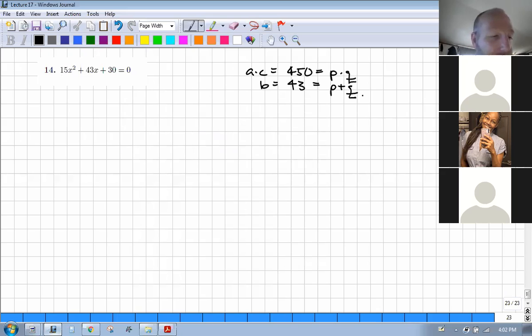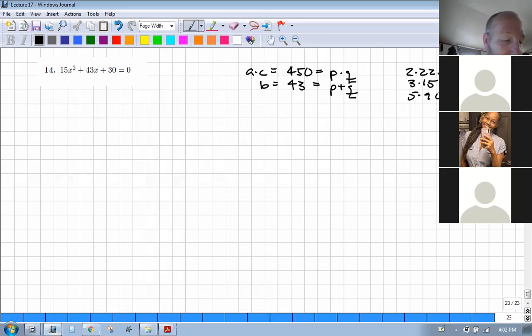Okay. Let's look at our options. 2 times 225. That does not work. 450 divided by 3 is 150, but those don't work. 450 divided by 4 or 5. How about 5? 5 times 90.